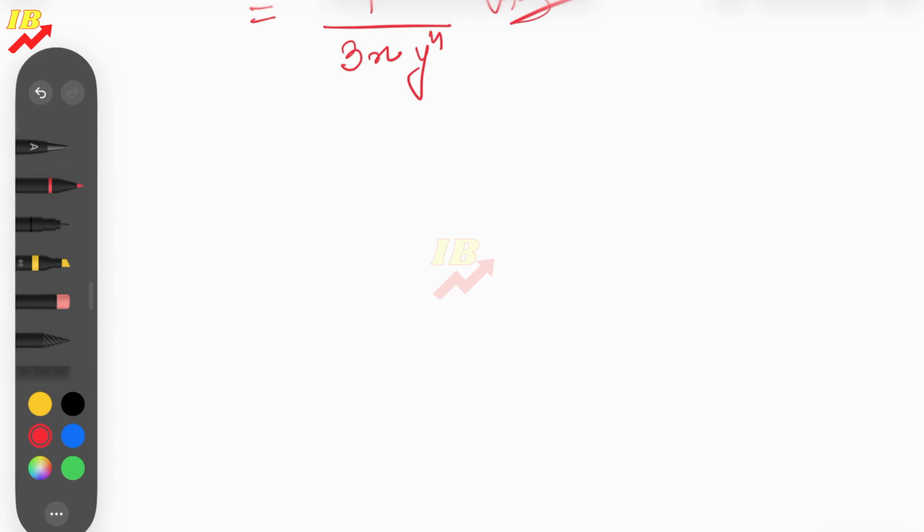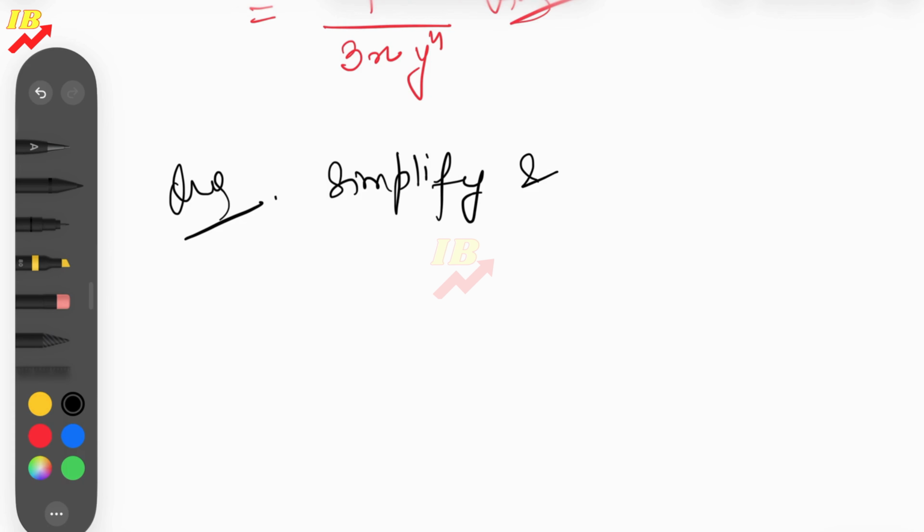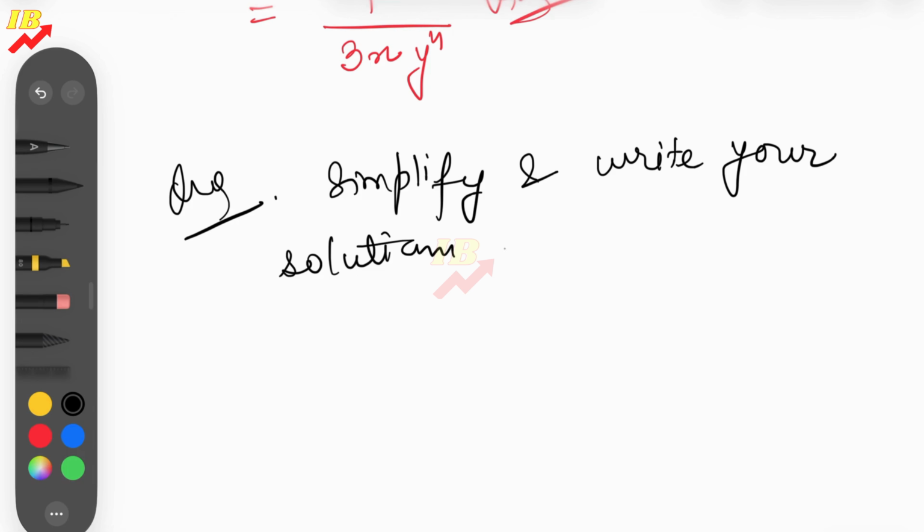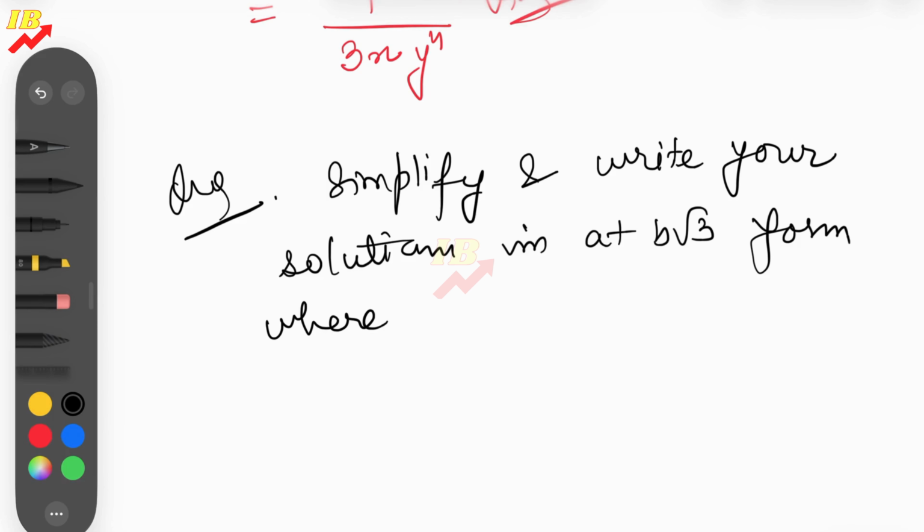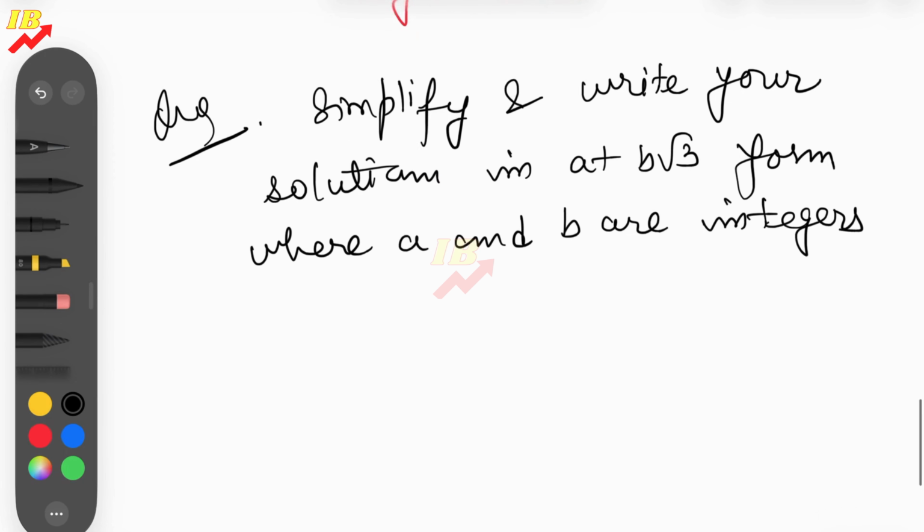Let's now take a different style of question that wants us to write our answers in this form: simplify and write your solution in a plus b root 3 form, where a and b are integers, right?